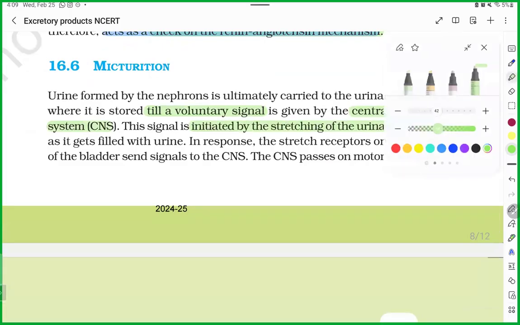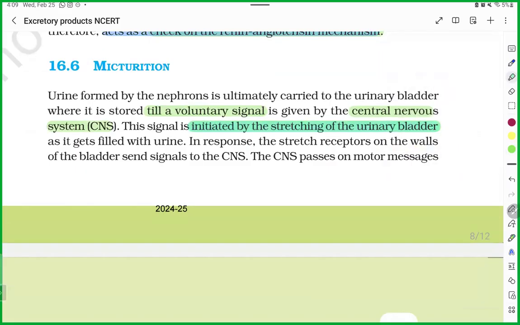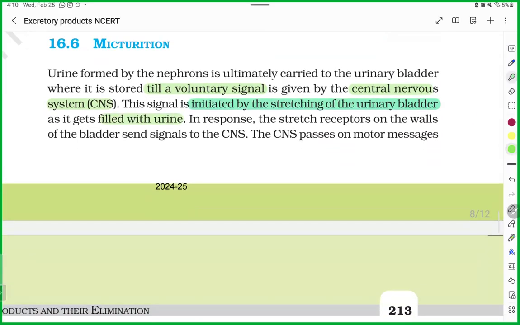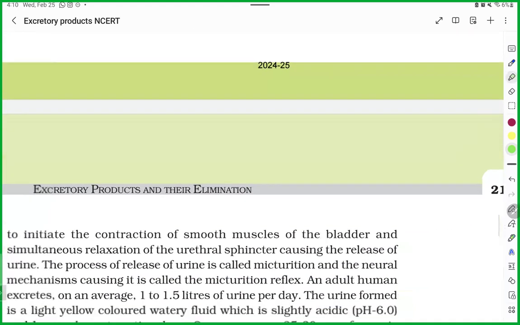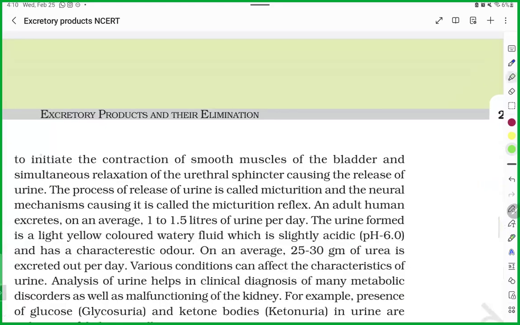For example, whenever we have the urge of urination, it means the urinary bladder started the process. When the urinary bladder is filled with urine, it is full, correct? Why? Because stretch receptors on the wall will stretch and they will send a signal to the brain that we have to pee. In this case, the CNS will give a signal to the motor message and it will start contraction of the smooth muscle.